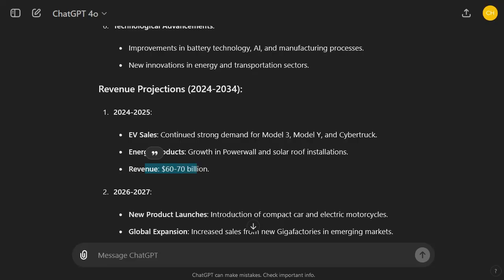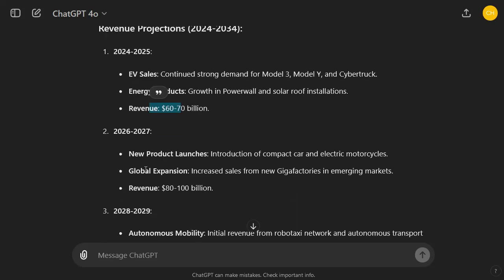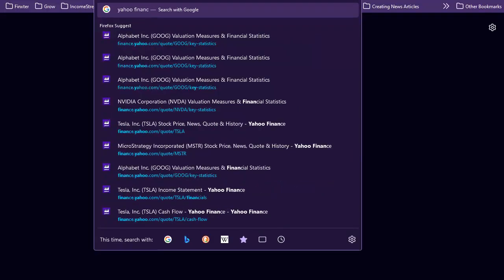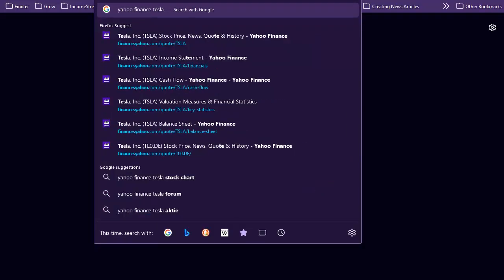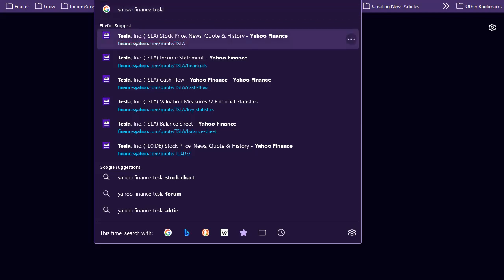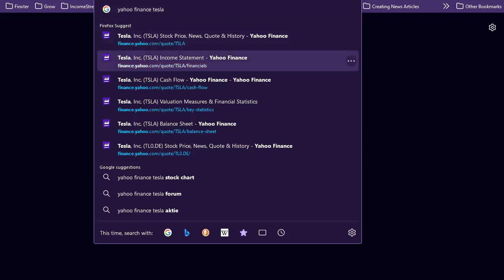So what does ChatGPT predict? EV sales, it predicts like, actually I think it's too bearish, right? Isn't it? 60 to 70 billion should be higher. Maybe let's check Yahoo Finance. Tesla financials, income statement.